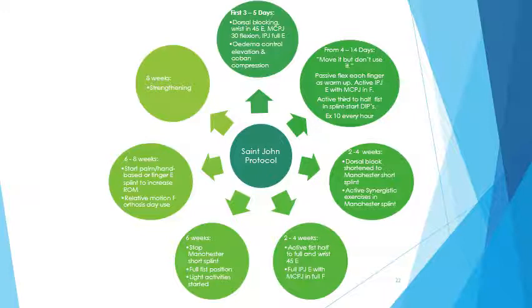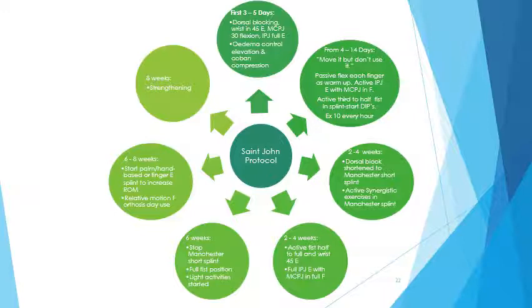From 2 to 4 weeks, the dorsal blocking splint is shortened to a Manchester short splint, where the wrist is not included in the orthosis. Active synergistic exercises in the Manchester splint.